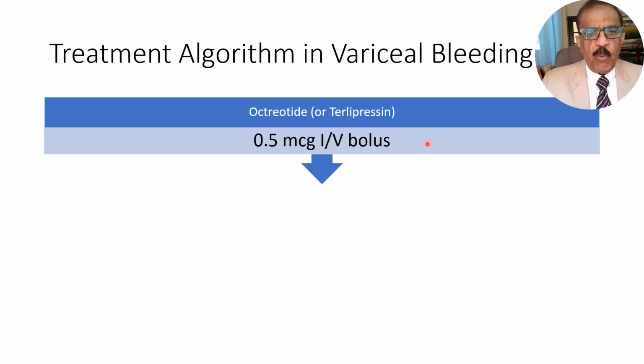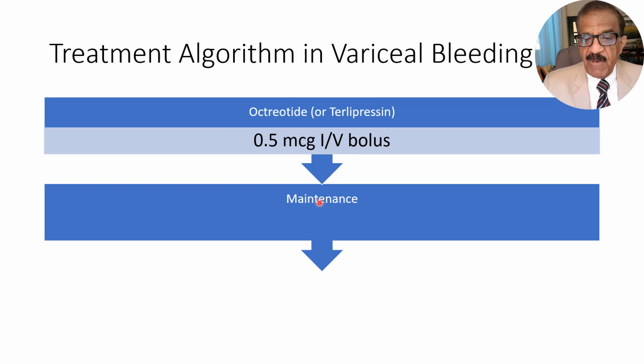The first bolus dose is given, 0.5 mcg intravenous. One ampule has 0.5 mcg, and one box is like 5 ampules. I think this is the practical point. If you have this drug, one box will have 5 ampules. One of them can be given intravenously as bolus, and the remaining 4 can be diluted to give an infusion.